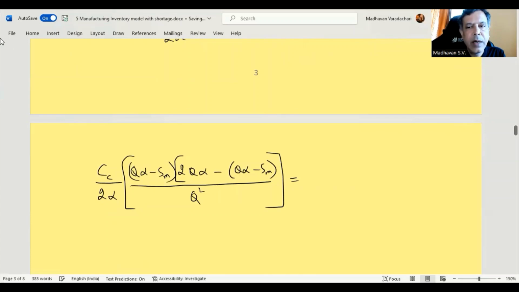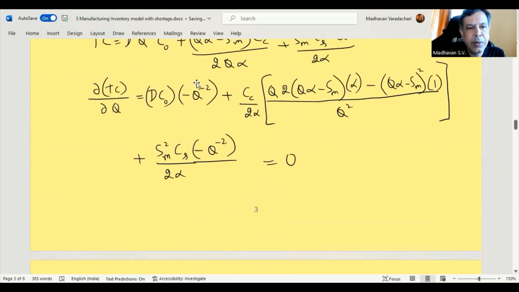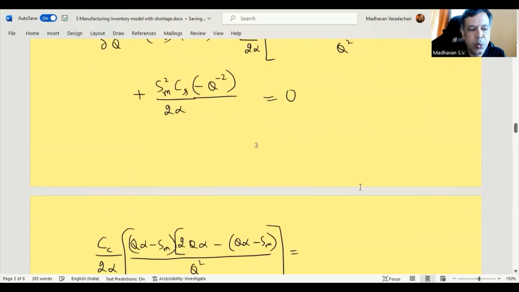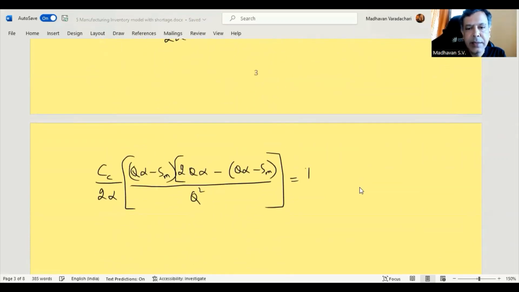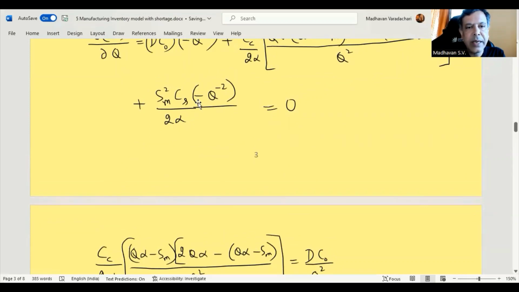Equal to, let us take this expression to the right hand side, it becomes positive. So I can write in the right hand side this one as dCO by Q square. Similarly, this one also will take it to the right hand side.